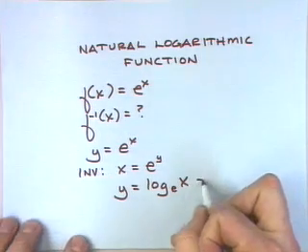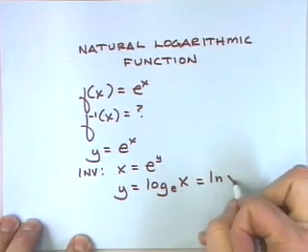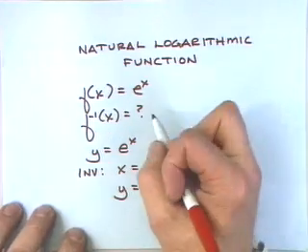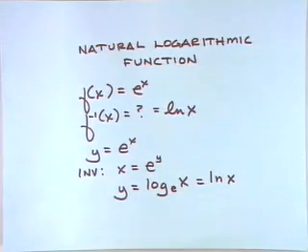But typically log to the base e we write as ln, right? So y equals e to the x and y equals natural log of x are inverses of one another. So if f of x is e to the x, then f inverse is natural log of x.